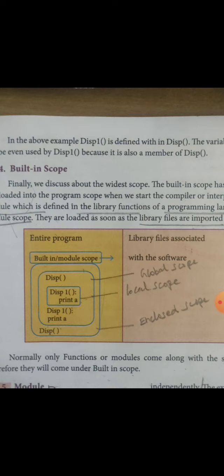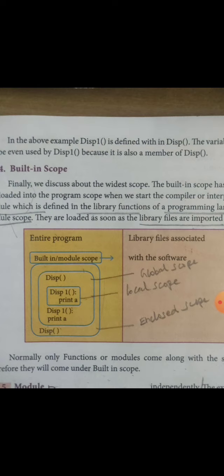The fourth one is the built-in function, that is built-in scope. Any variable or module defined in the library functions of a programming language has built-in or module scope. They are loaded as soon as the library files are imported to the program.